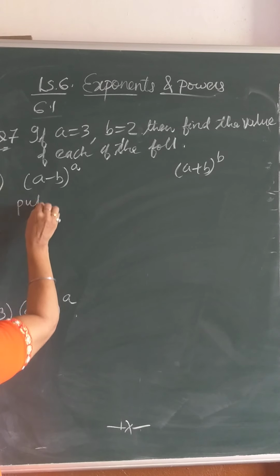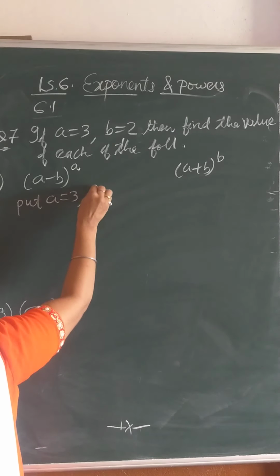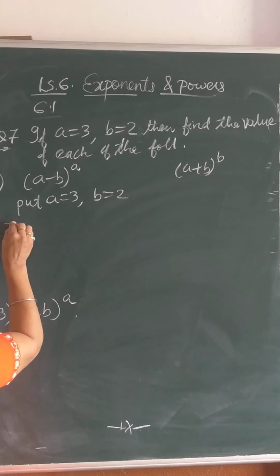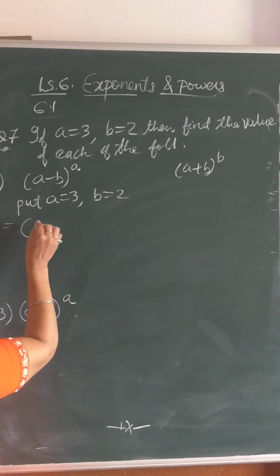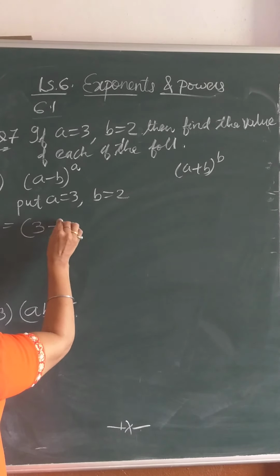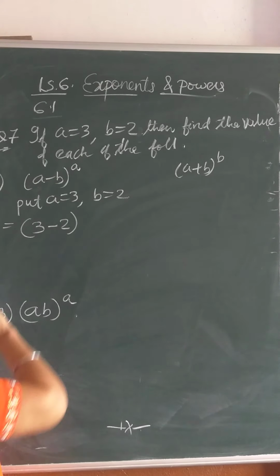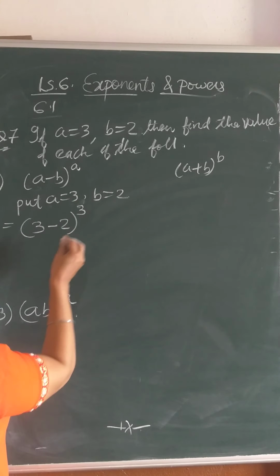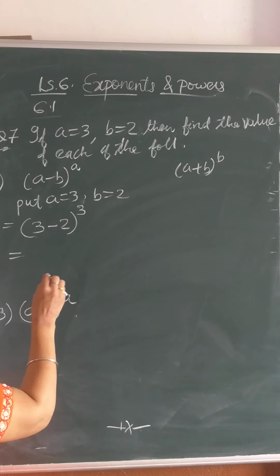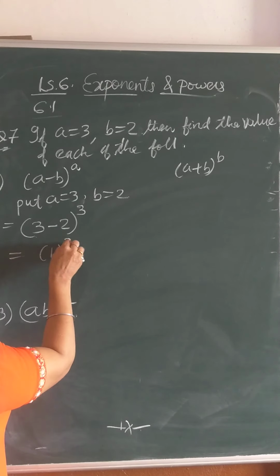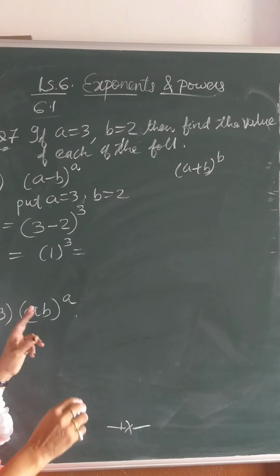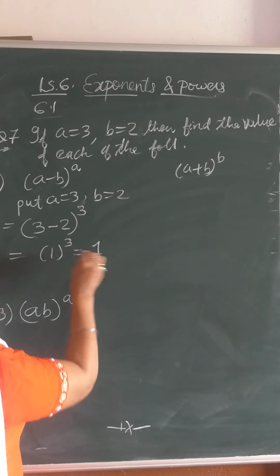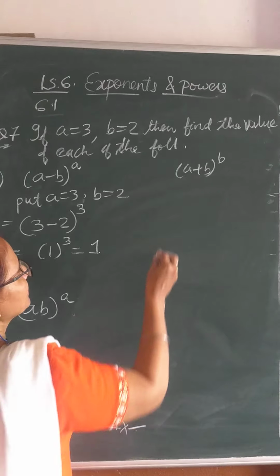First we put a equals 3 and b equals 2. The value of a is 3, b is 2, and the power is 8. Now let's simplify. 3 minus 2 is 1 cube, and 1 raised to the power of any number is always 1.